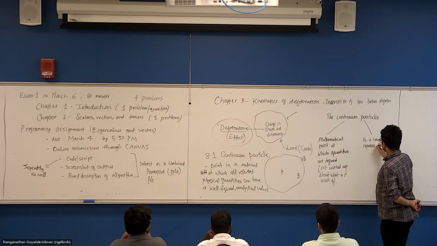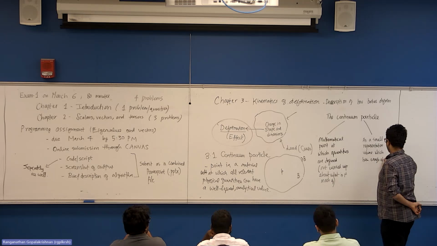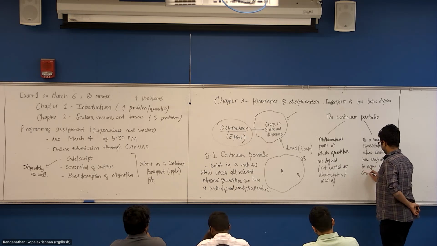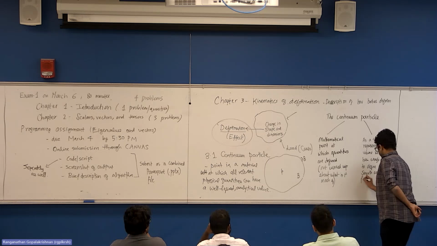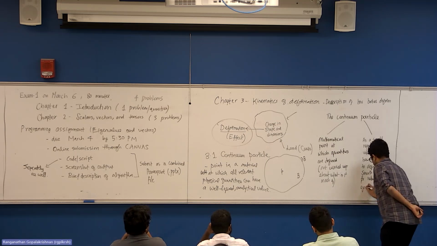You can also think of a continuum particle as a small representative volume which has enough atoms to define a smooth average for relevant macroscopic quantities.